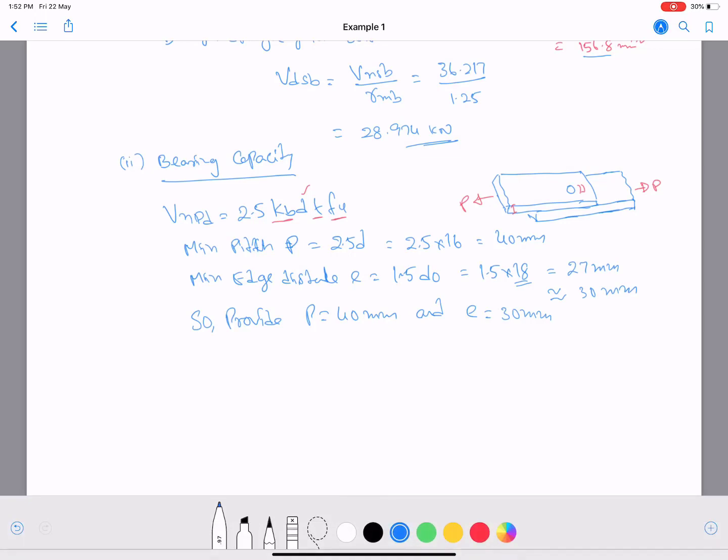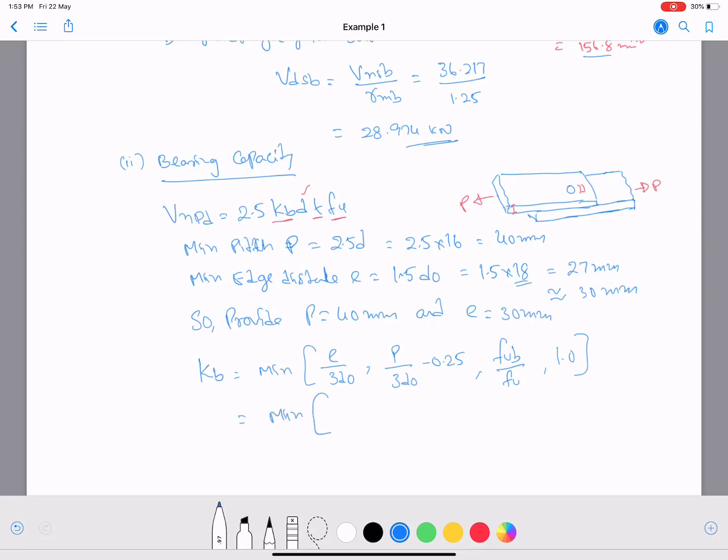Now Kb equal to, as we already discussed, the minimum of e by 3d0, or p by 3d0 minus 0.25, or Fub by Fu, or 1.0, whichever is minimum. So let's calculate this value.